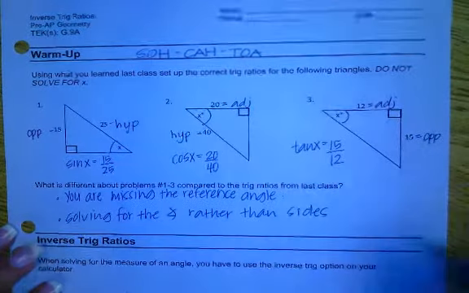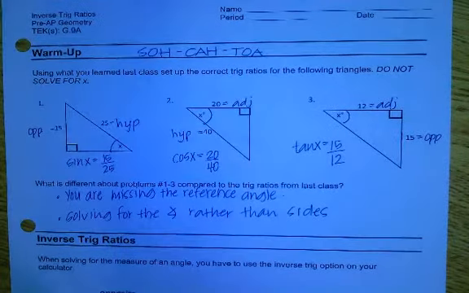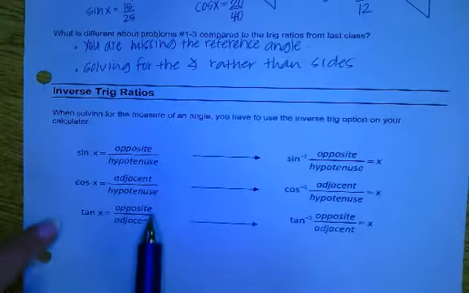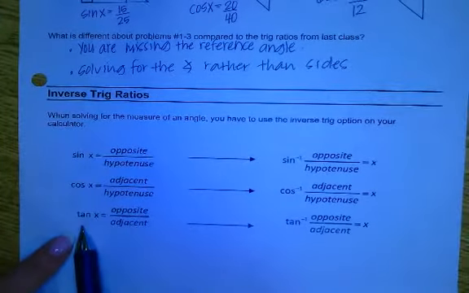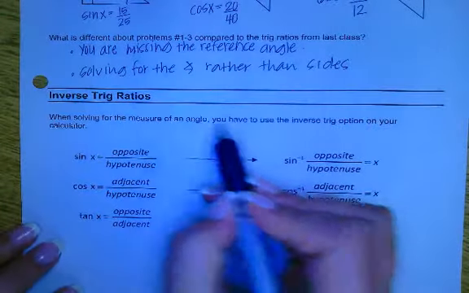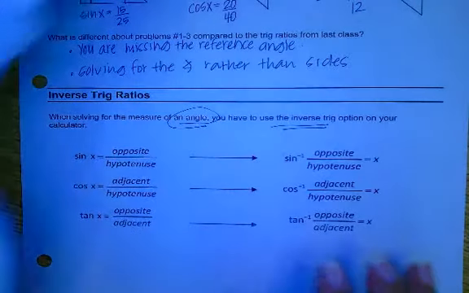You're not learning any new ratios today. Sine is always going to be opposite over hypotenuse, adjacent over hypotenuse is always cosine, and opposite over adjacent is always tangent. When you are solving for the reference angle, you will always use inverse trig.